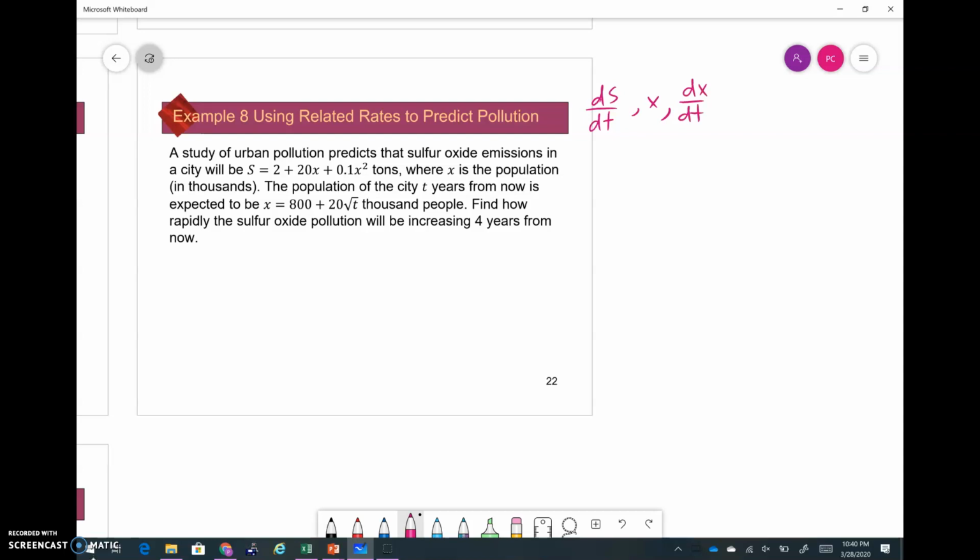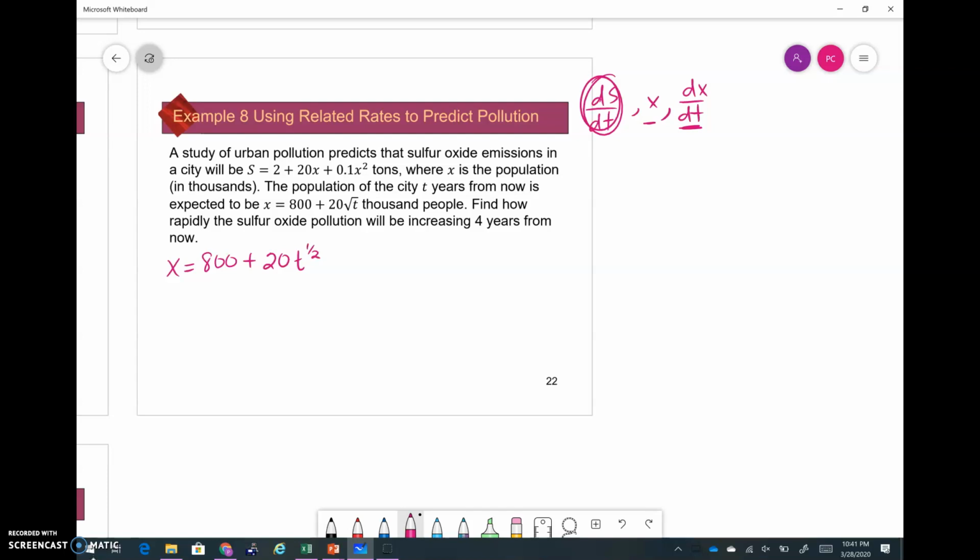Okay, well, I'm going to be able to find dS over dt, but I need these other two pieces of information. What I was given was an x. I'm given an equation for that: x equals 800 plus 20 square roots of t, or 20t to the 1/2. So part of my problem is done.